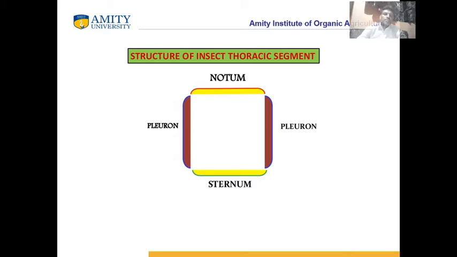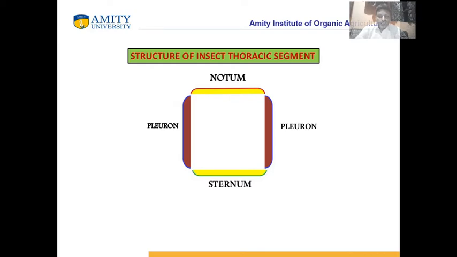Wings are part of the pterothoracic region. Pterothoracic means the combination of mesothoracic and metathoracic regions. So before we study the structure of wings and wing venation, the three layers are important.